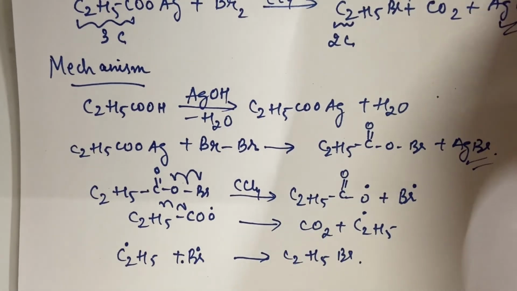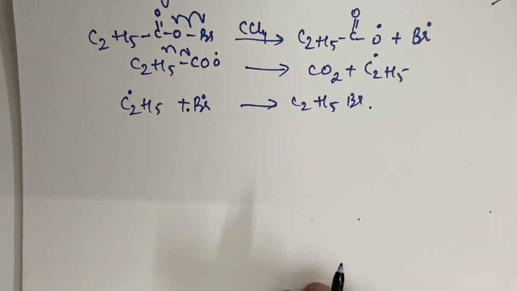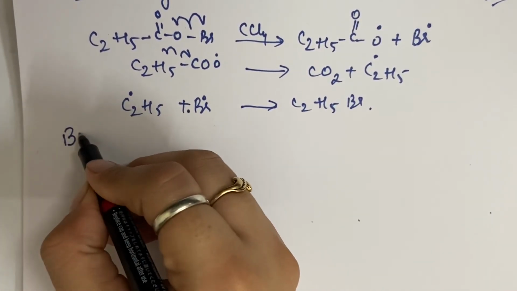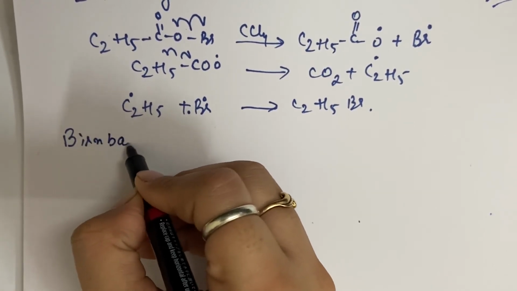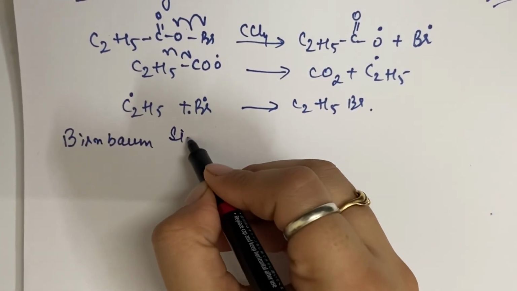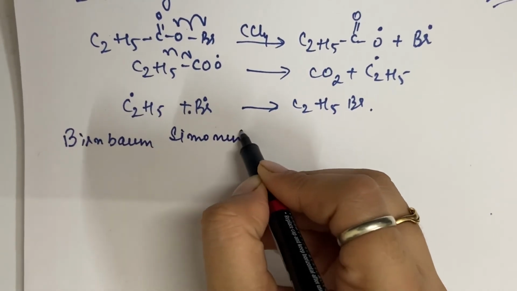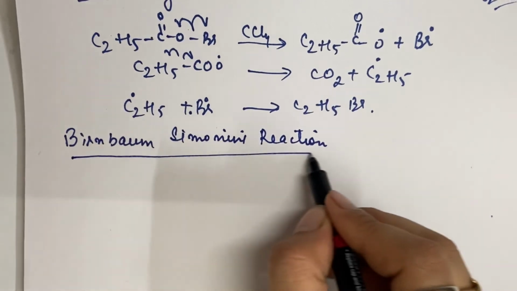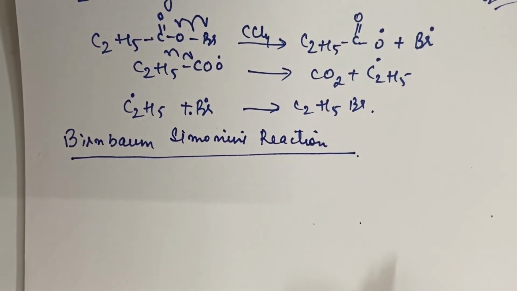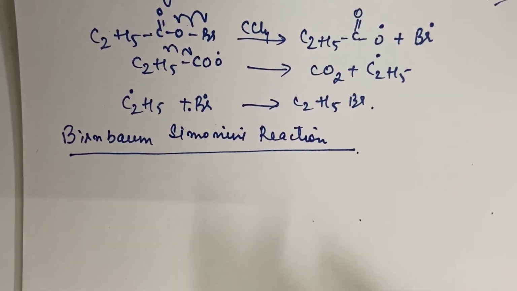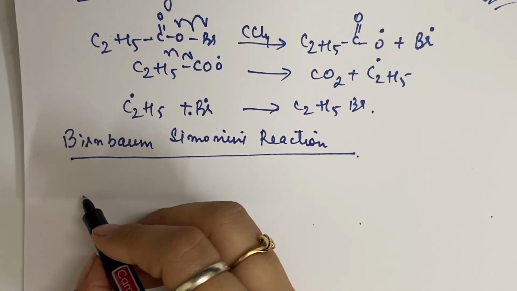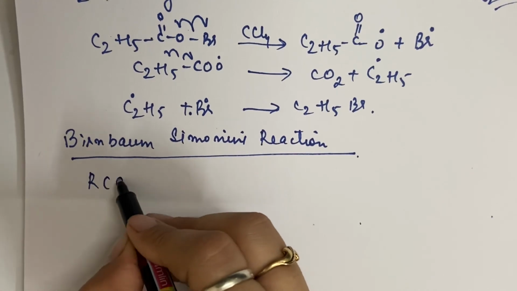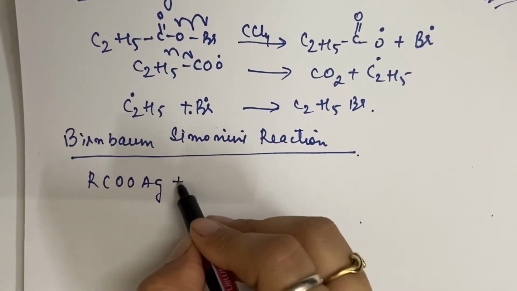You have one more reaction which is called Birnbaum-Simonini reaction. In this reaction you will get esters. For example, if you have RCOOAg plus I2.